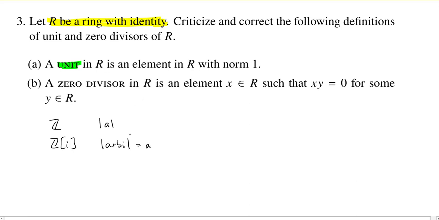Which, well, if we put a square on it, then that's what we actually defined as the norm in this ring. So that was a squared plus b squared. You could put a square here if you wanted to define what we might reasonably call the norm for an element in Z. Okay, and we've seen this in a lot of other places.